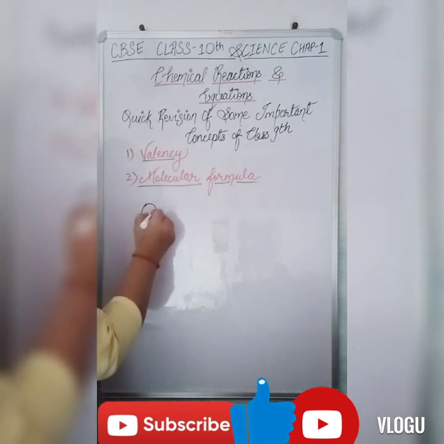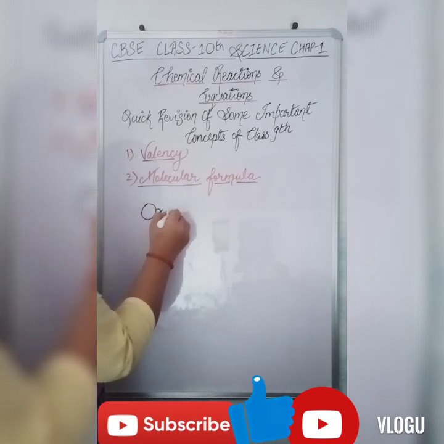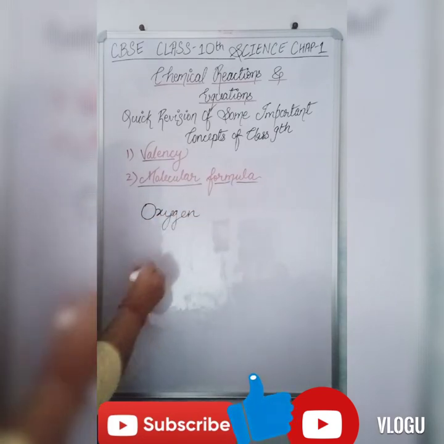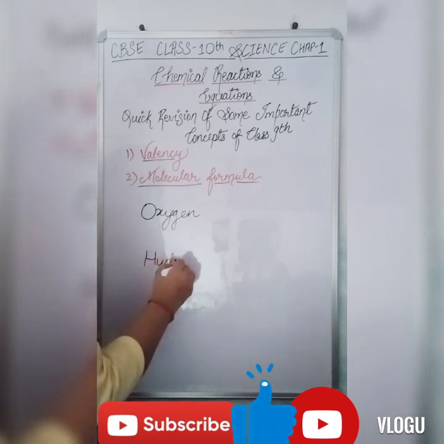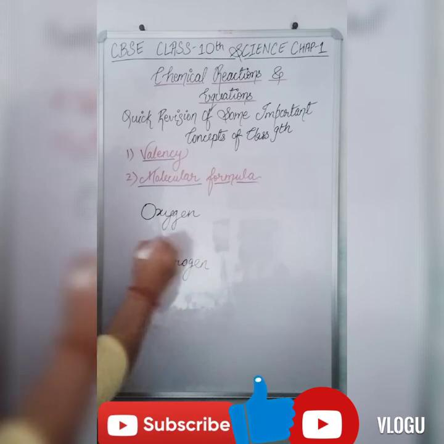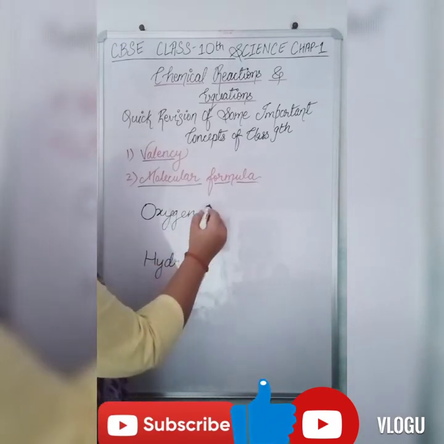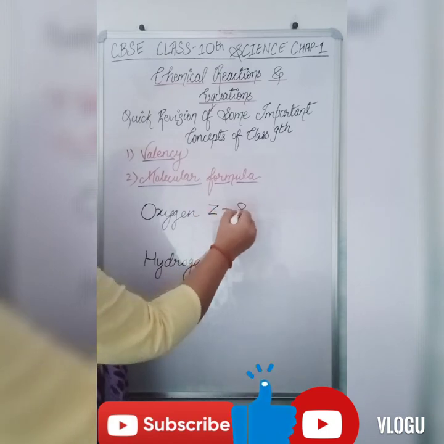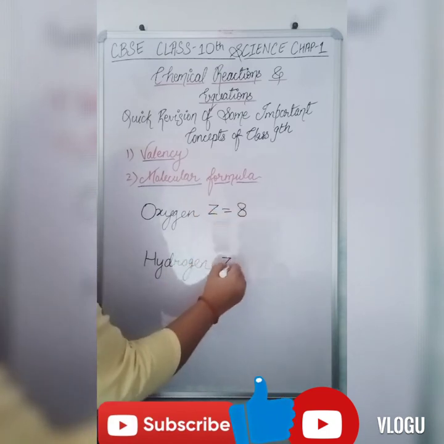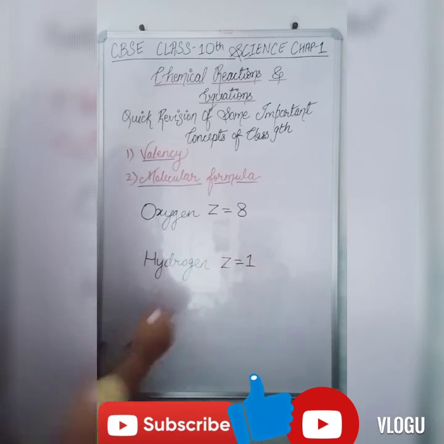Suppose we take oxygen and hydrogen. The atomic number of oxygen is 8 and atomic number of hydrogen is 1.